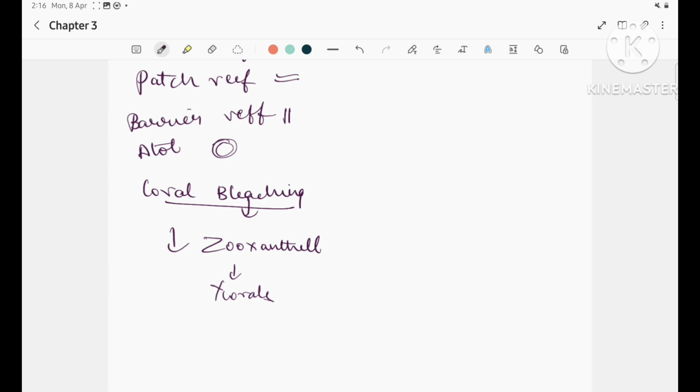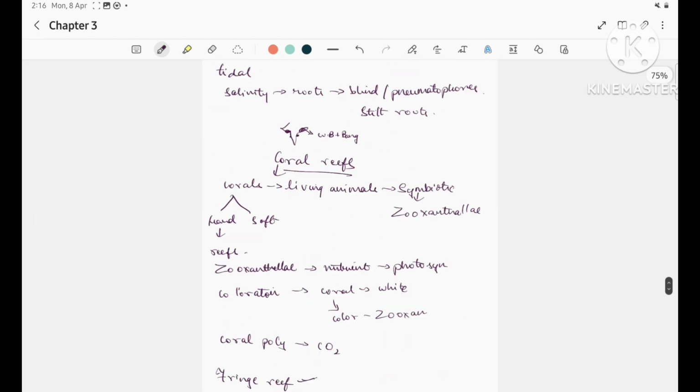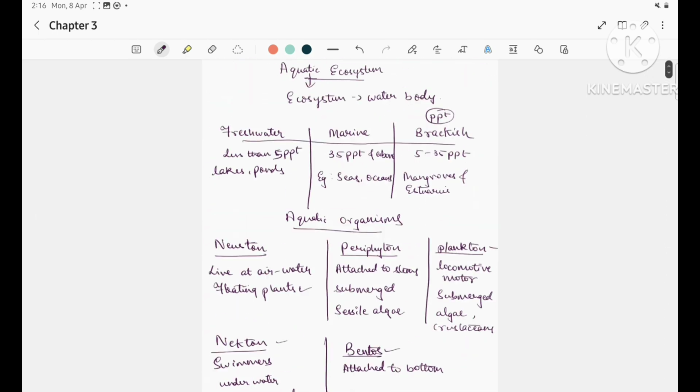There are other ecological causes for coral bleaching also, such as temperature variation, solar radiation, and sedimentation. Due to all these factors, the corals are decreasing each and every day. These are the topics for the aquatic ecosystem.